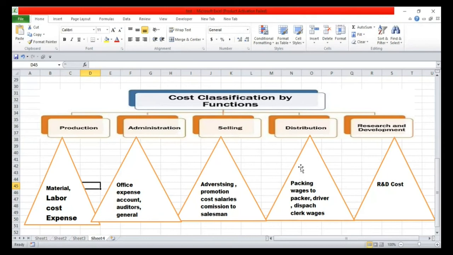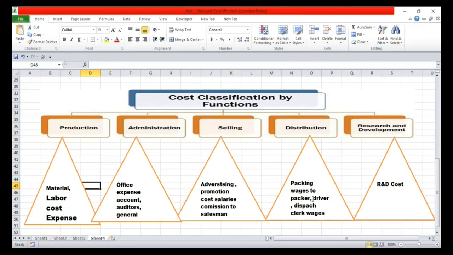Definitely we pay for that service, and then we have some drivers who deliver our products. The payment we make to our drivers will be part of distribution functions.